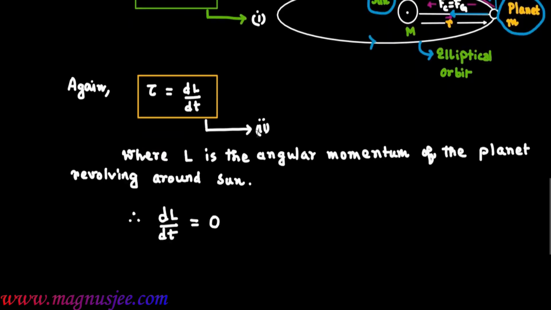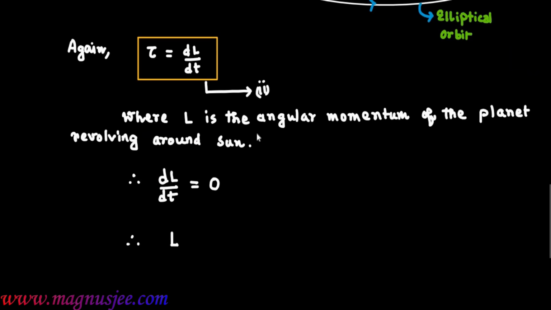Therefore, dL by dt is equal to 0 if we compare equations 1 and 2. So L equal constant, which means the angular momentum of revolution of the planet is constant.